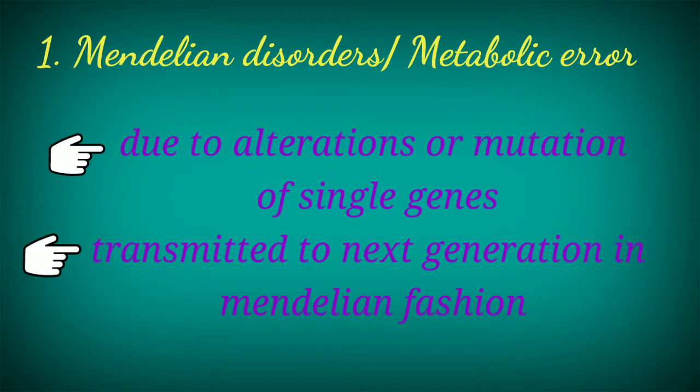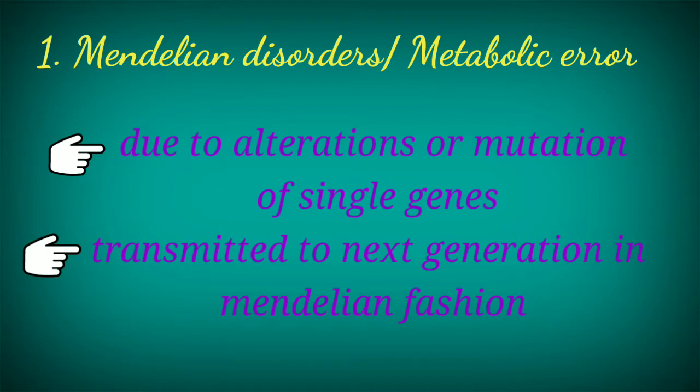Now when these genes get mutated because of some factors such as mutagens, which can be a physical or chemical factor, or due to disjunction during the meiosis cell division process, such alterations or mutations, especially in the structure of a gene, may bring Mendelian disorders, which lead to metabolic errors in the metabolism in the individual's body.